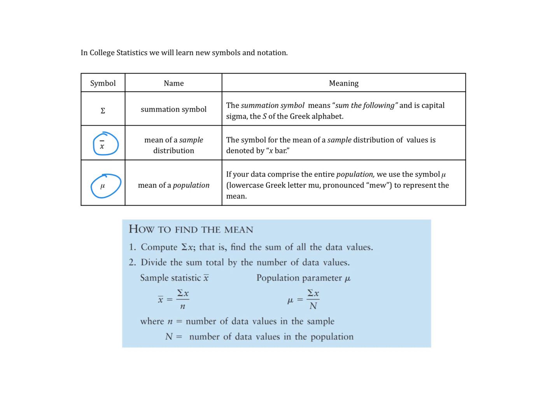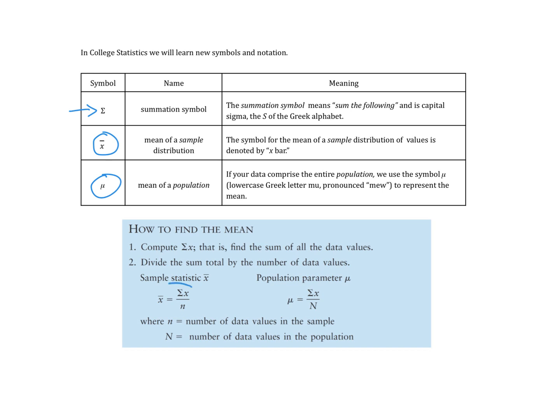And here are symbolic ways to express those means, sample mean and population mean, using the summation symbol. The summation symbol here at the top means sum the following or add up the following.